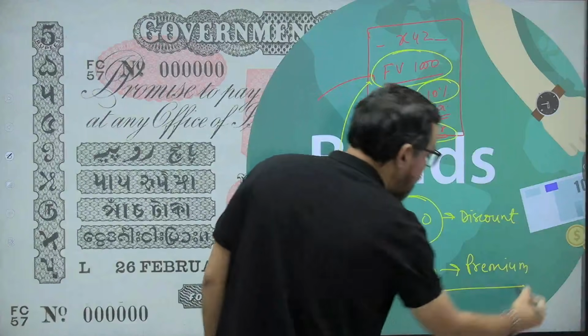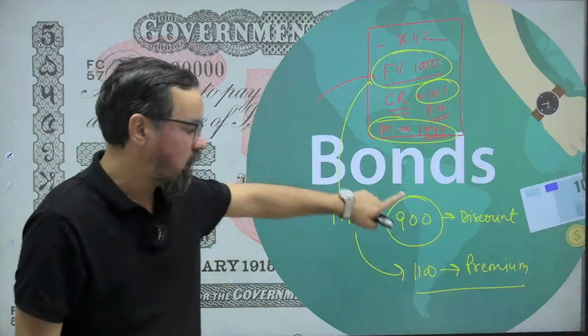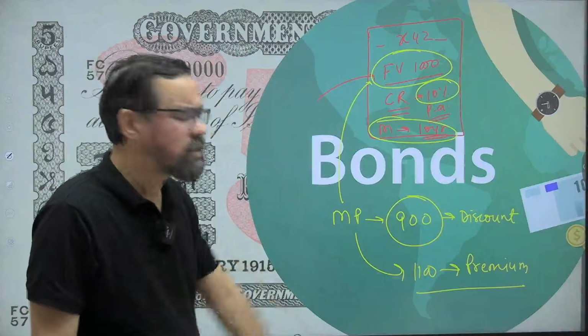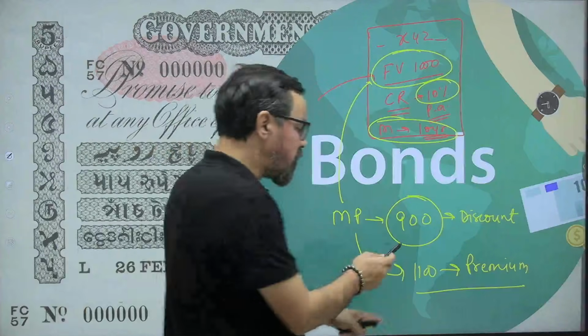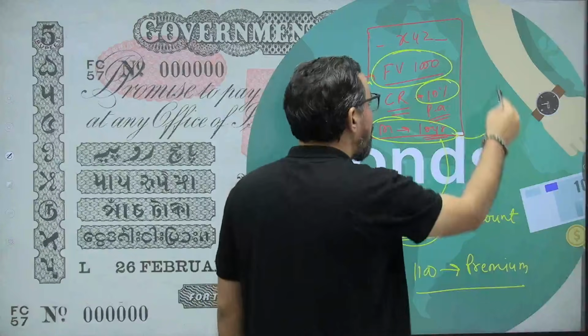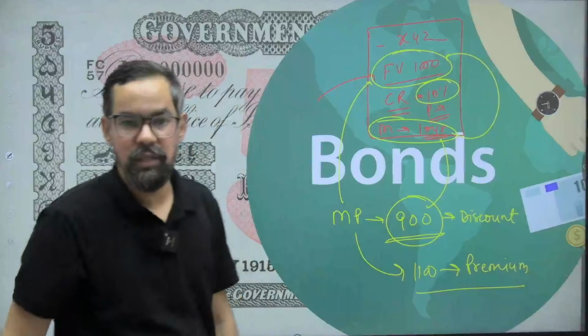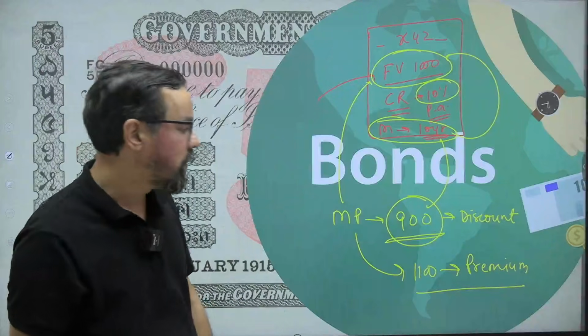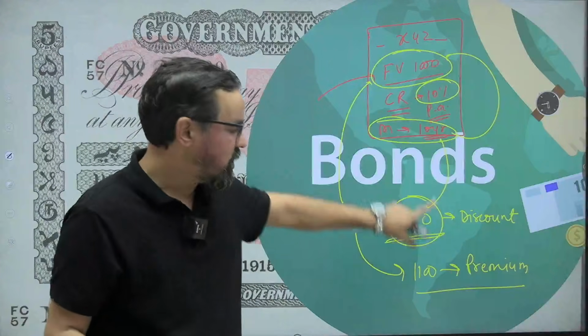Why is this a case of discount or a case of premium? If you purchase that particular bond today at 900, at the end of the 10th year you will get 1000. That is the face value. That means it is on discount.